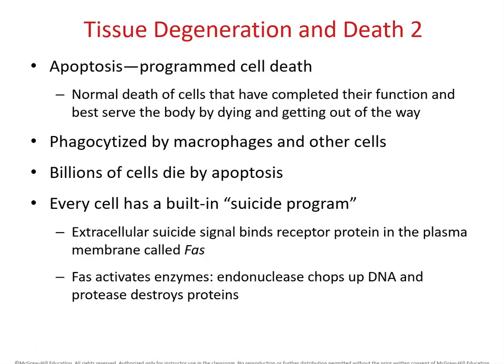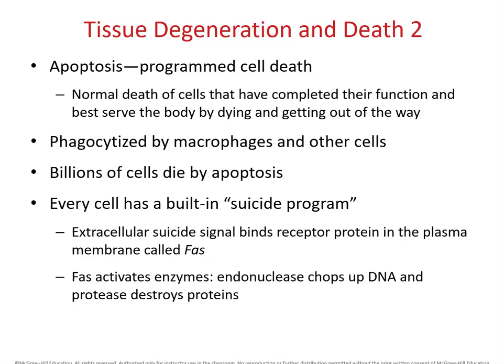When a cell is not functioning at its most optimum level, it is programmed to essentially commit suicide. That's what we think of as apoptosis. The cell dies and is out of the way and allows healthier cells to regenerate in that place.